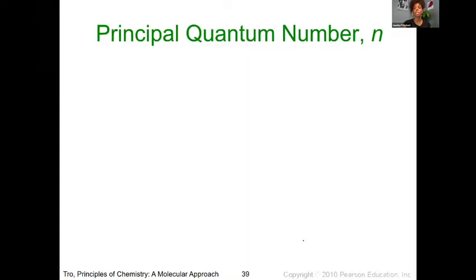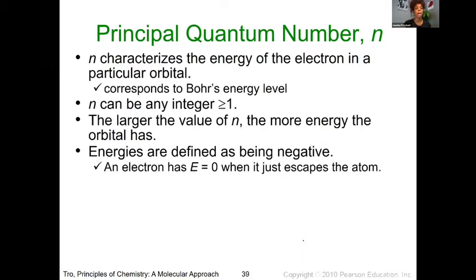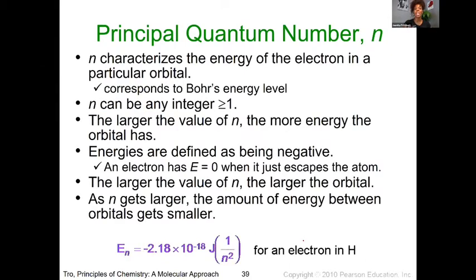So let's first focus on our principal quantum number, or the n quantum number. The n quantum number characterizes the energy of the electron in a particular orbital. Each energy level found outside of the nucleus has a corresponding n value.